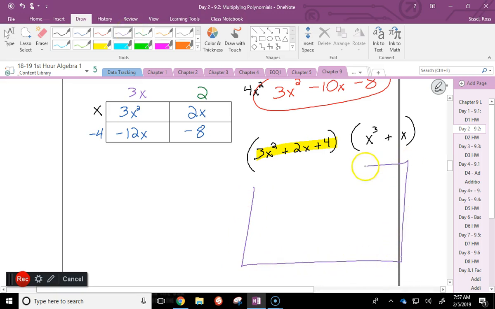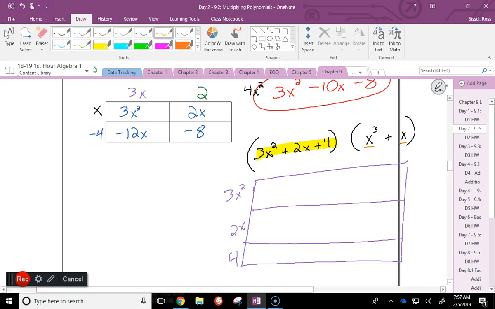So if I make my box, I know I'm going to have 3 rows. I'm going to have a 3x squared, a 2x, and a 4. With our second term, since there was 2 of them, I just have 2: x cubed and x. So that's how you set up the box method.